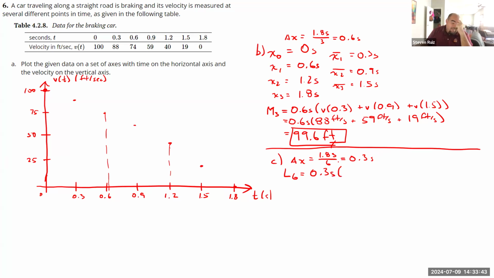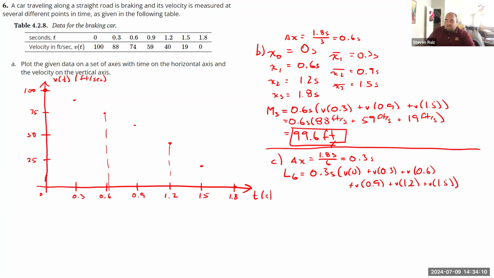And then where am I sampling? I'm going to be sampling at the left point of every rectangle. So that'll be v of 0 plus v of 0.3 plus v of 0.6 plus v of 0.9 plus v of 1.2 plus v of 1.5.